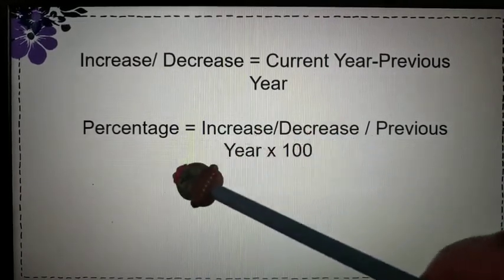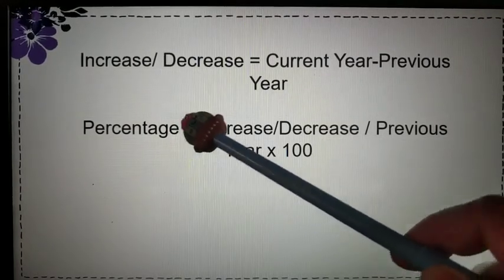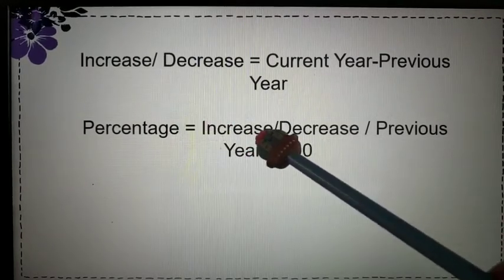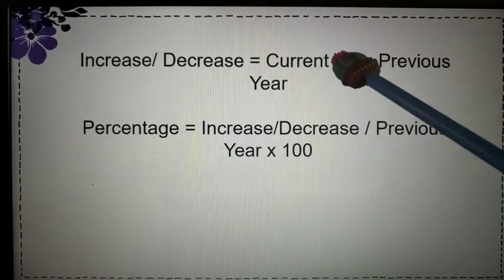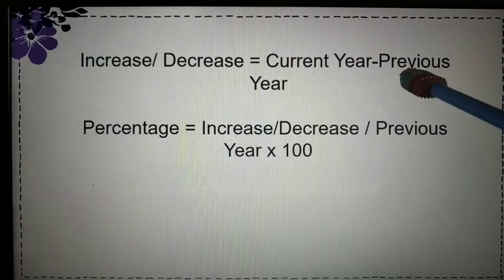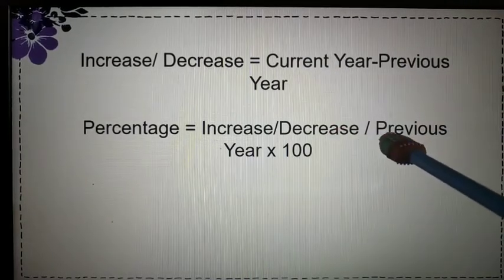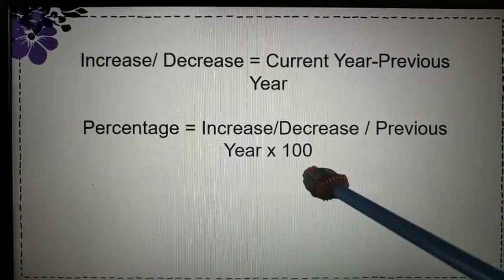And then, to get the percentage of change, the increase and decrease amount you got, you divide it by the previous year, which is 2019, times 100.